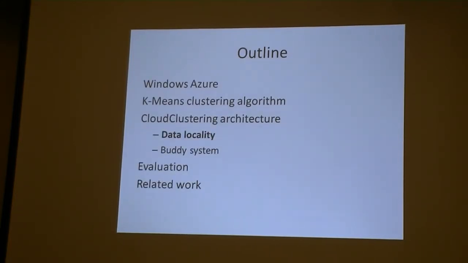We make two modifications here for efficiency and fault tolerance, and here's where the cloud building blocks come into play. First of all, since K-means is an iterative algorithm that uses large amounts of data in the form of that input point data set, data locality becomes an important concern.